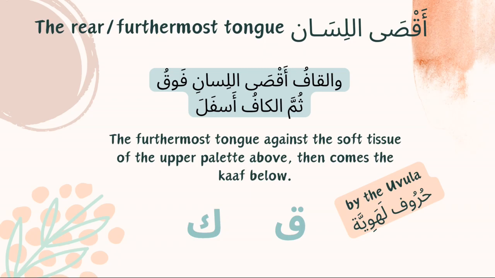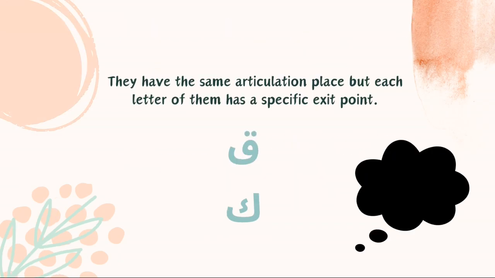Huruf lahawiyya means they exit just by the lahat, the uvula. Now let's have a look at what we have here regarding the letter qaf and the letter kaf. Both exit from the same articulation place, but each letter of them has a specific exit point.